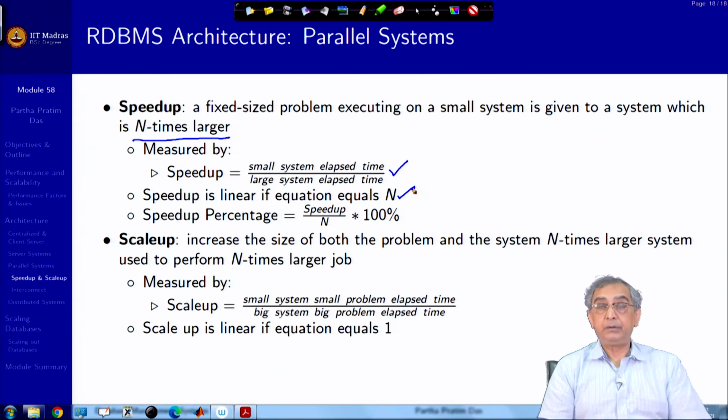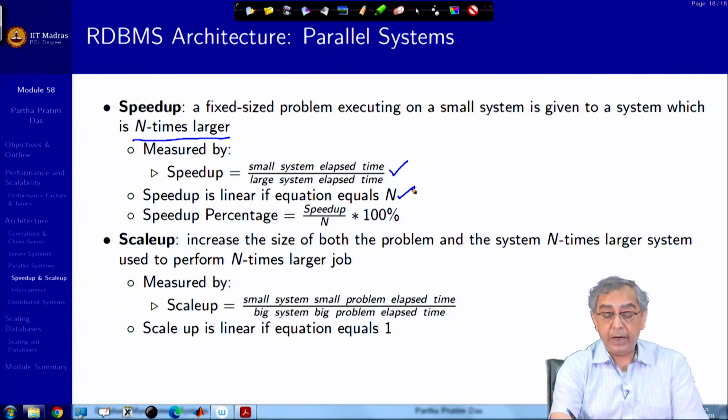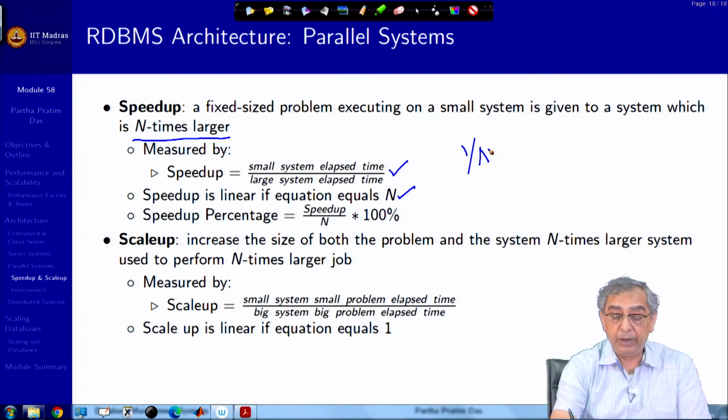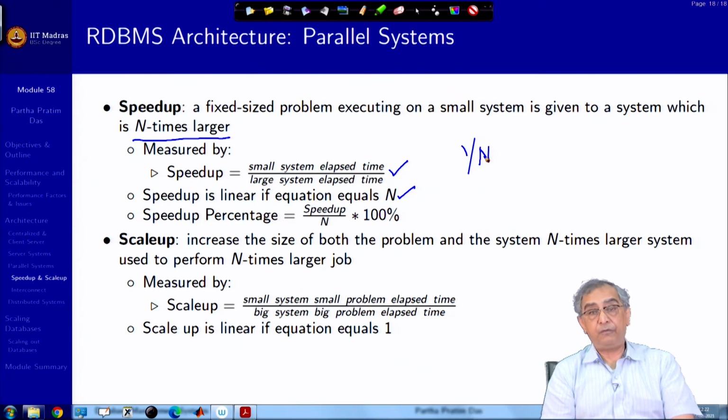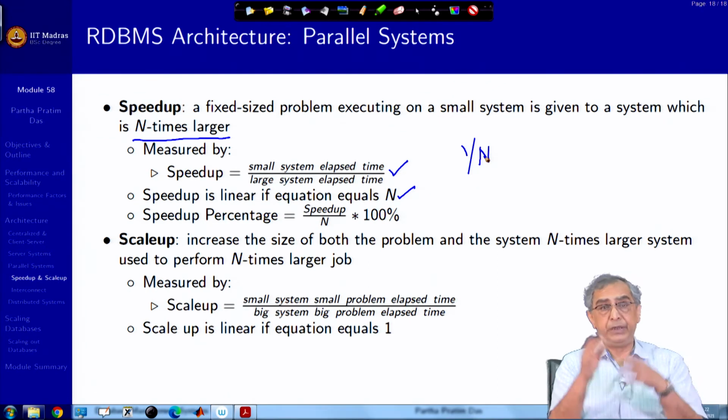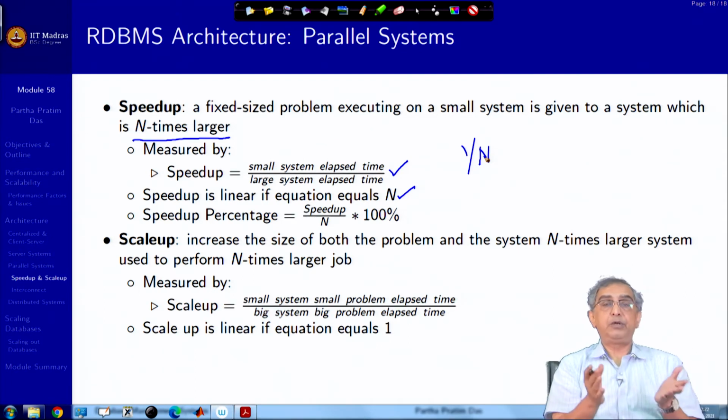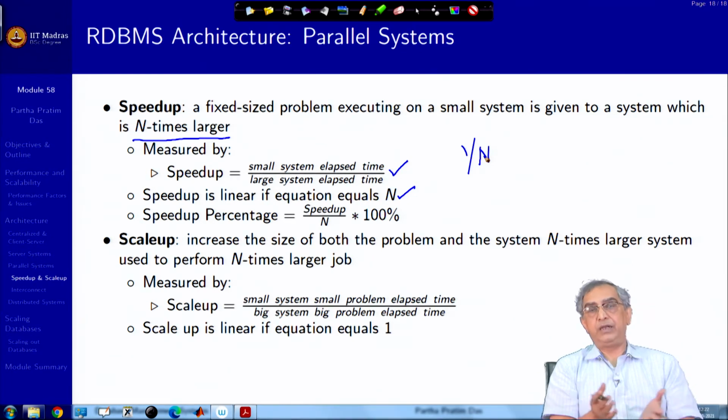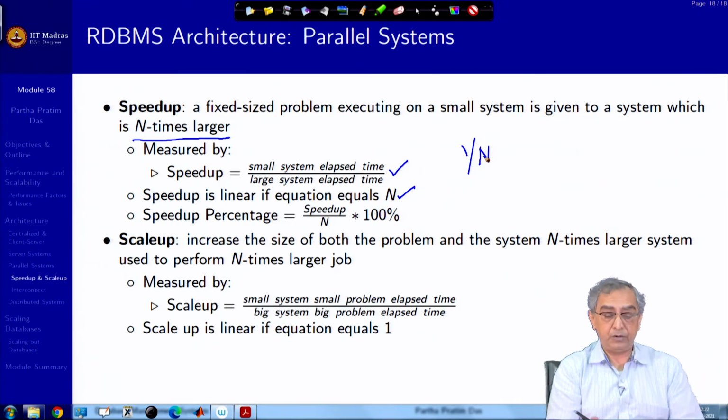You cannot have more speed up than n, that is, your execution time cannot go below 1/nth of how it runs in the smaller system. Now, typically what we do, we normalize this and talk about speed up as a percentage or a fraction between 0 to 1. So, a speed up by n times is 100%.